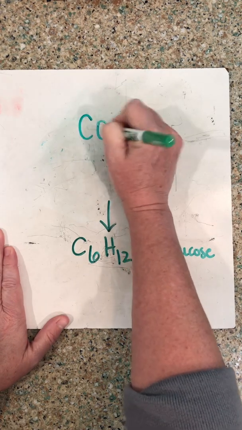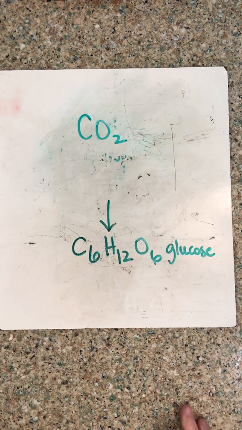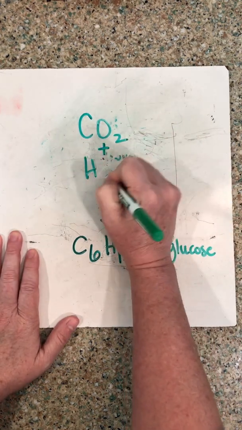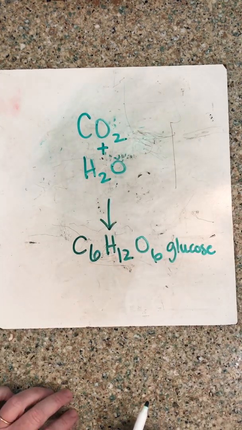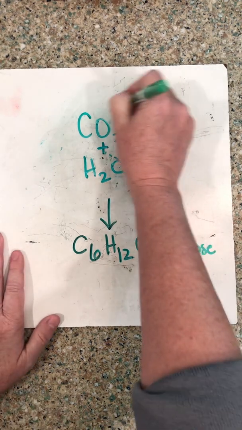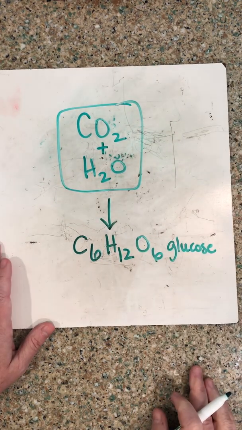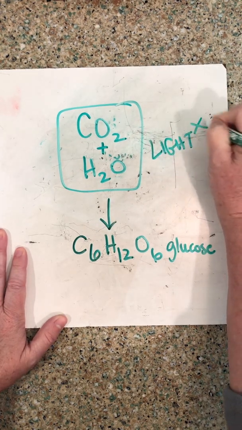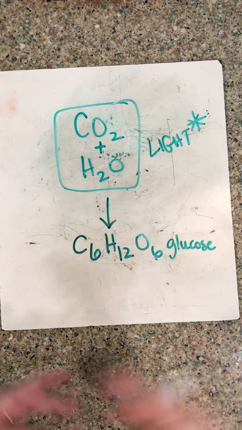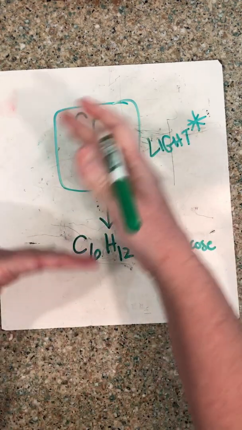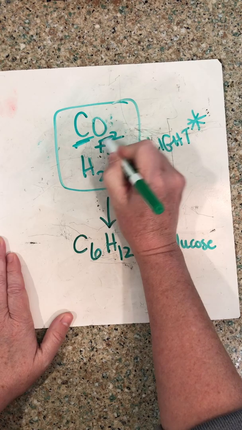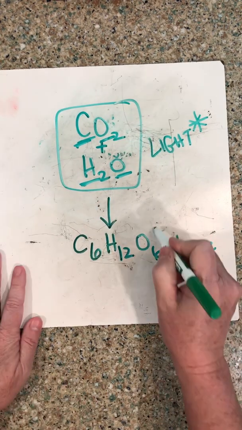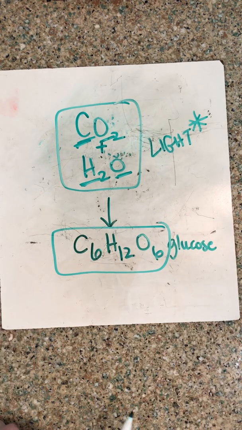So they get the CO2 from us, or from cars, or from any type of combustion, and then they add it with water that they bring in from their roots. And from these two reactants, and then you add light. So light is the ingredient that is so important, because that's what turns this carbon, oxygen, and hydrogen, okay, C, H, and O, into this beautiful molecule called sugar.